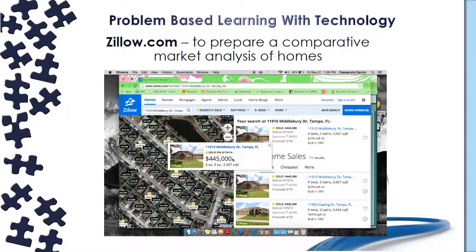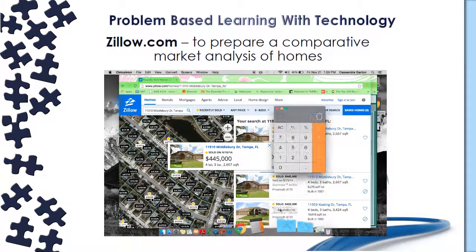So our equation is 2,607x equals $445,000. Students can use a calculator to divide both sides by 2,607 because these are large numbers. So we divide, and we get a price per square foot of $170.69. Remember to round to the nearest hundredths.